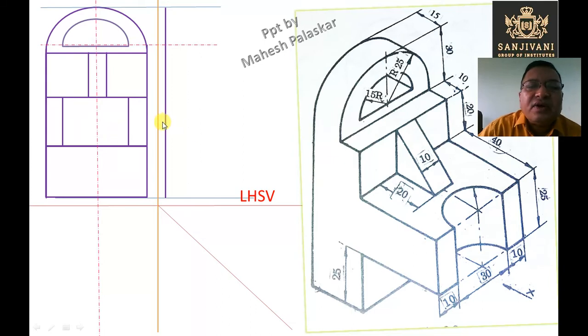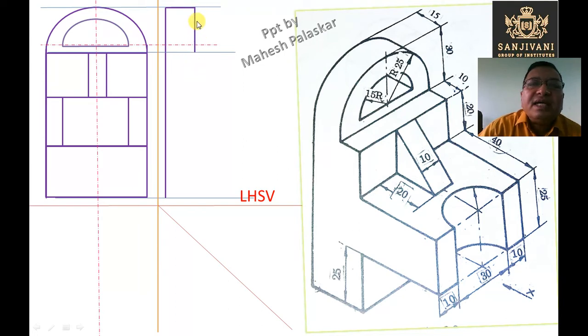Now let us continue drawing the left hand side view. After drawing this vertical line of 100 mm length, let us draw the small horizontal line here. The length of this horizontal line is 15 mm, because this distance is 15 mm. Then a projector is drawn from here, and then we draw a vertical line.